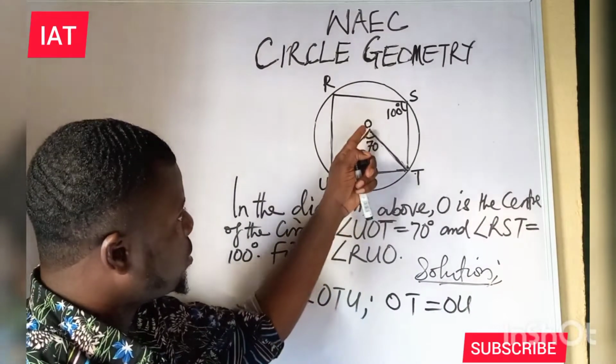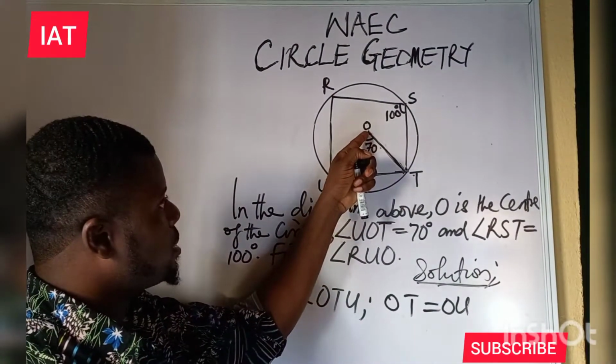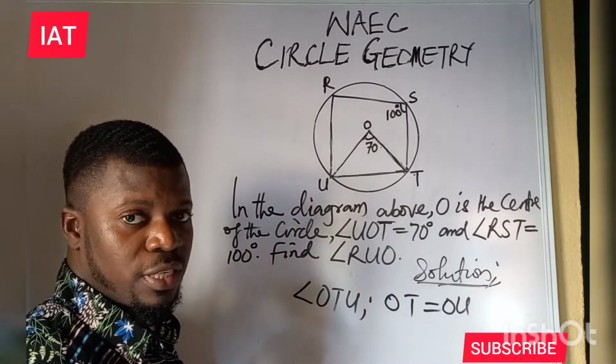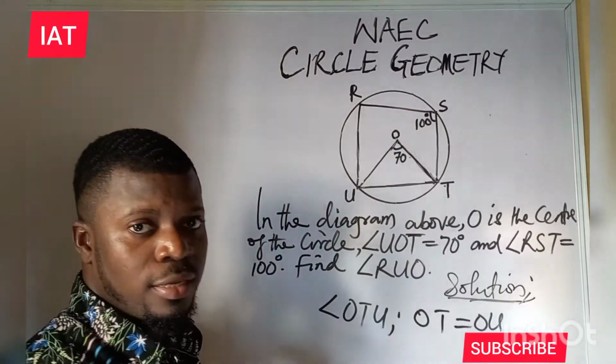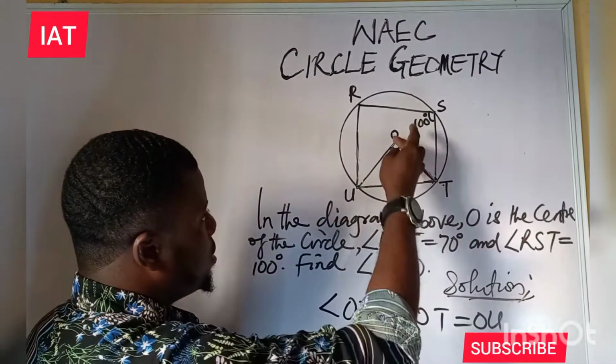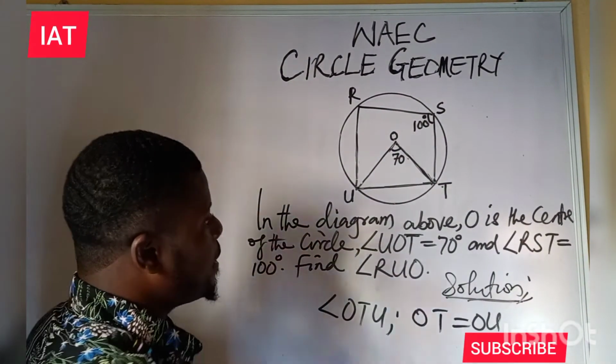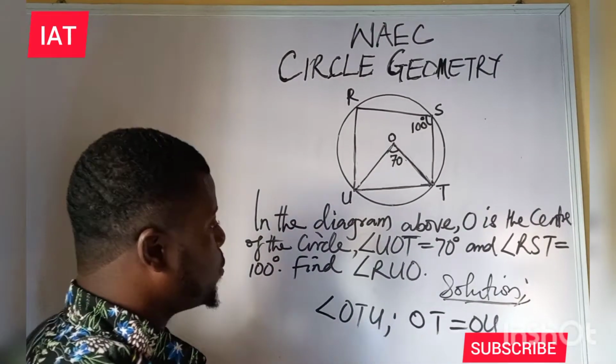Because this one is a radius that comes from the center of the circle to touch the circumference, and this other line is also a radius, so we have radii. That is why it is an isosceles triangle.